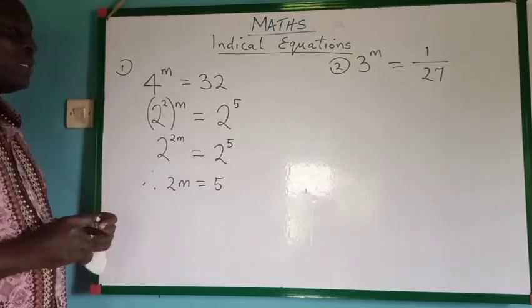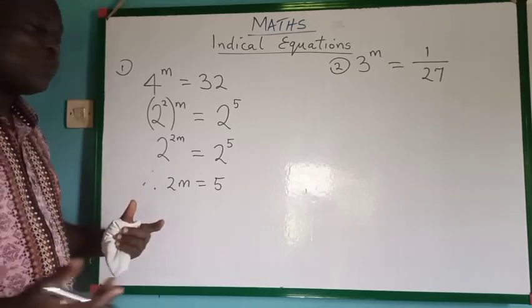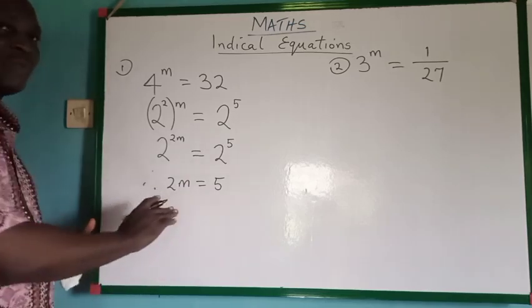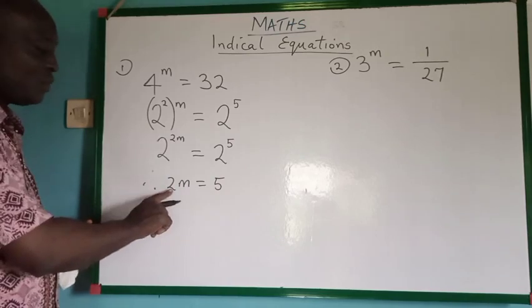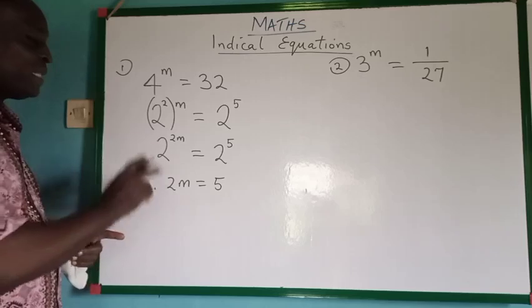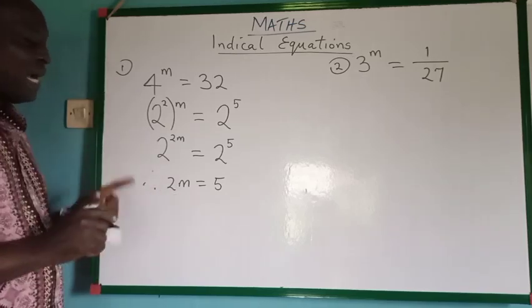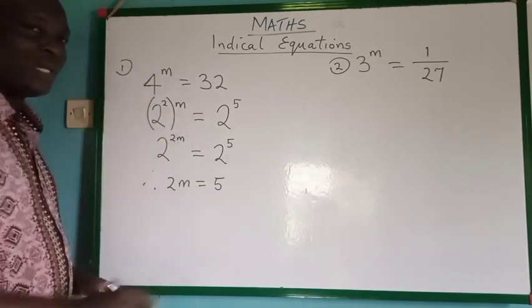Take note of this, that when you are having an equation, whatever you do to the right hand side, you must also do the same to the left hand side. And for me to cancel this 2 so that n will be standing alone, because it is n we are looking for the value of, I must divide this side by 2. And if I do that, I must also divide the other side by 2.